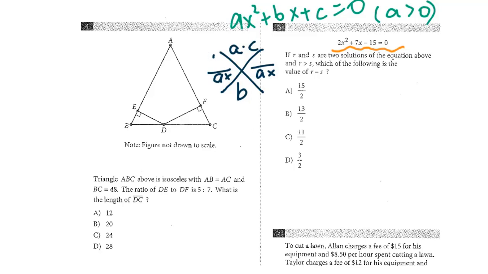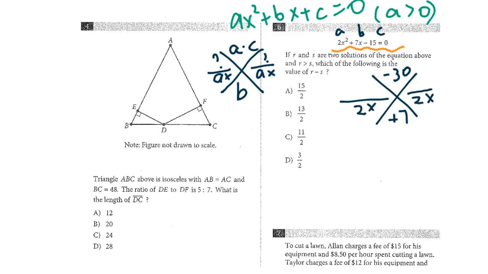Then we're looking for these two numbers. Multiply, you get a times c, and adding, you get b. For example, here, that's a, b, c. So a times negative 15, that's negative 30. Here's positive 7. Then I have 2x here, 2x here.